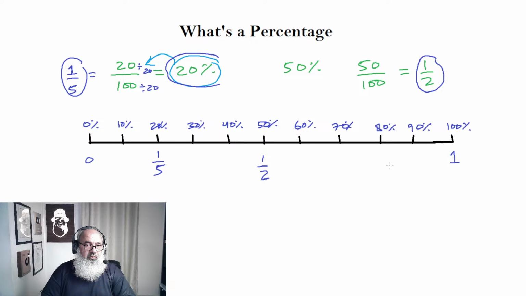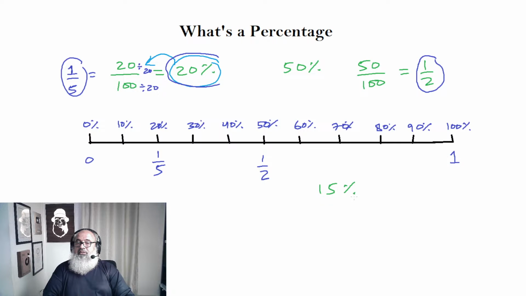So let's say we want to convert a percentage to a fraction, for example 15%. It's very easy. As I just told you, a percentage is simply a fraction where the denominator is 100. It means 15% is 15/100.